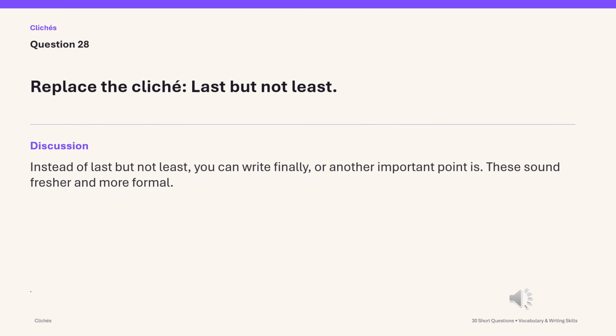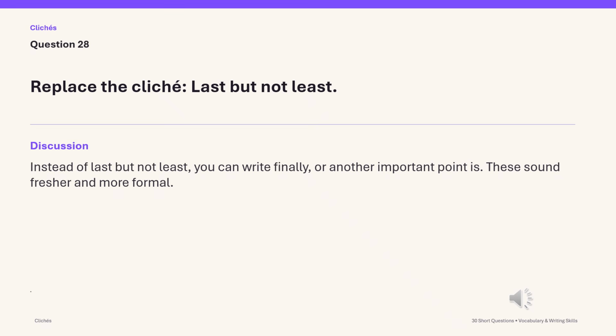Replace the cliche. Last but not least. First of all, a cliche is an overused expression. It is not grammatically wrong, but it sounds common, and when it is used in formal writing, it is sort of weak. For example, last but not least is a cliche.